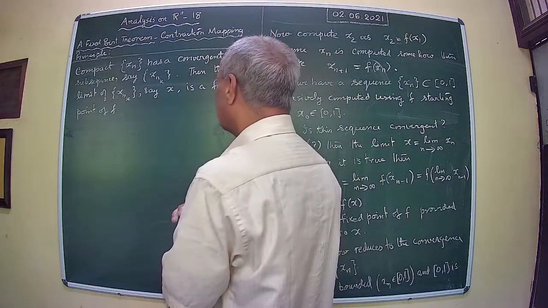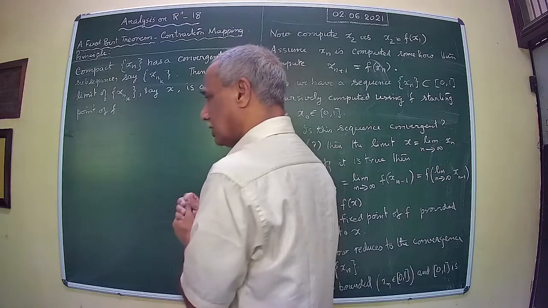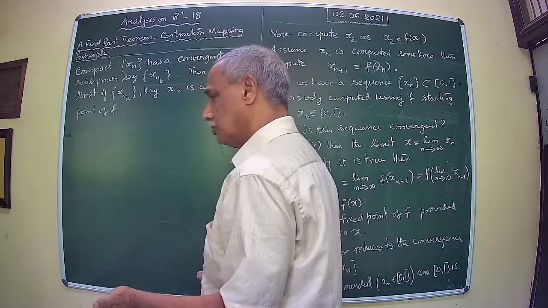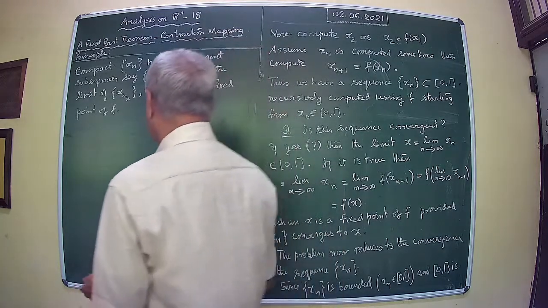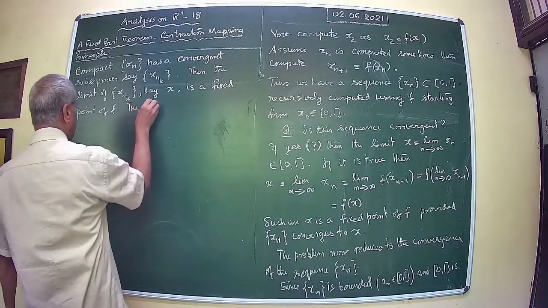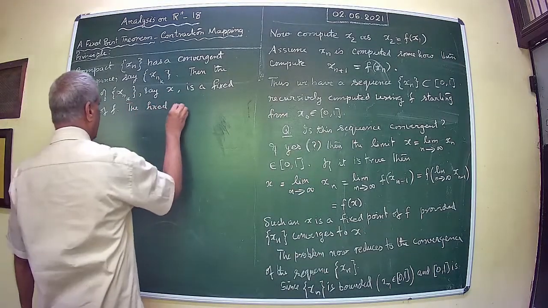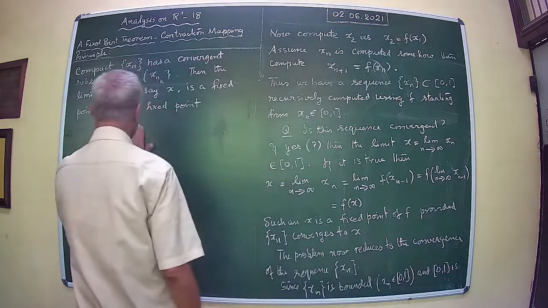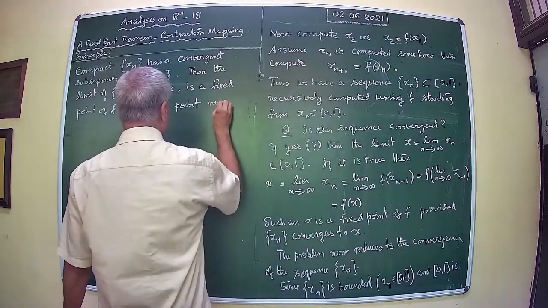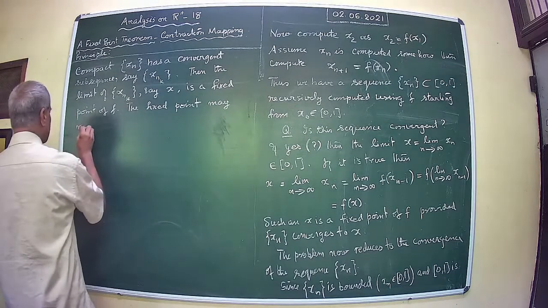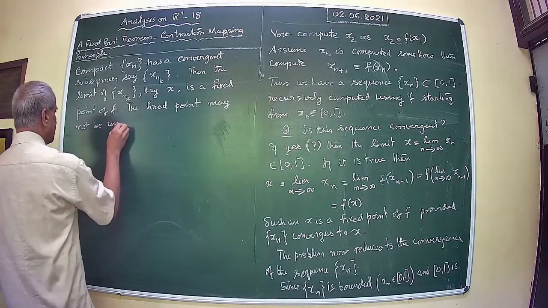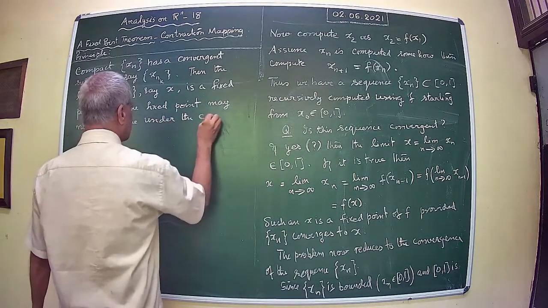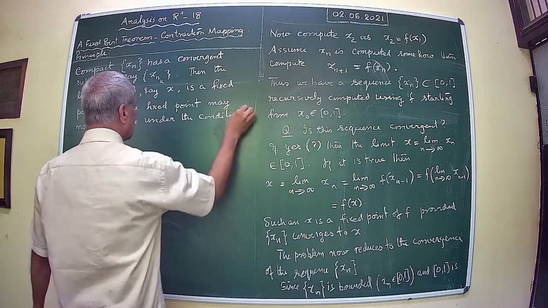It says there are convergent subsequences, and the limit of every such convergent subsequence will give you a fixed point. So the fixed points we have assumed.